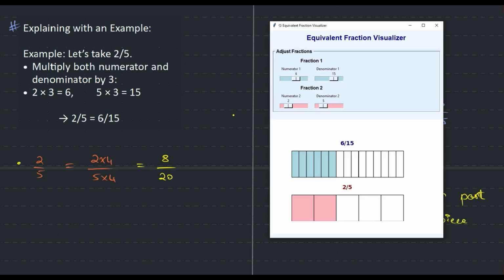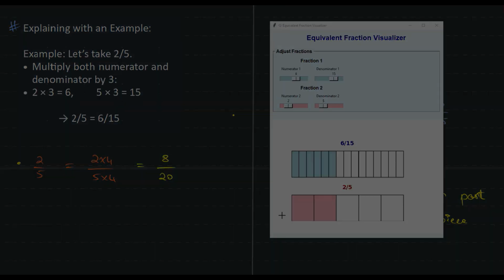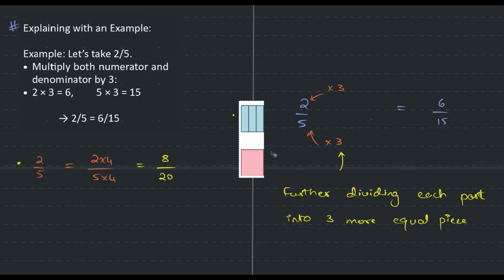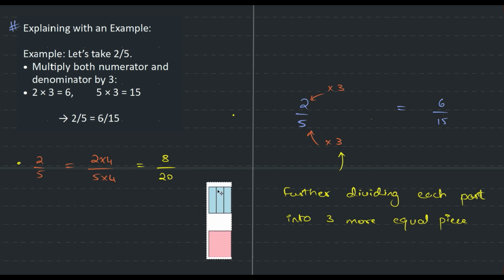Let me show that with this example. If I take up each of these, we can clearly see that they are equal sized. Let me rearrange this a bit. Can you see that they are equal size? Just that the divisions are different.